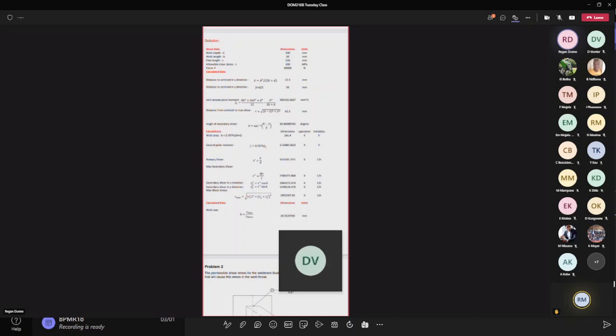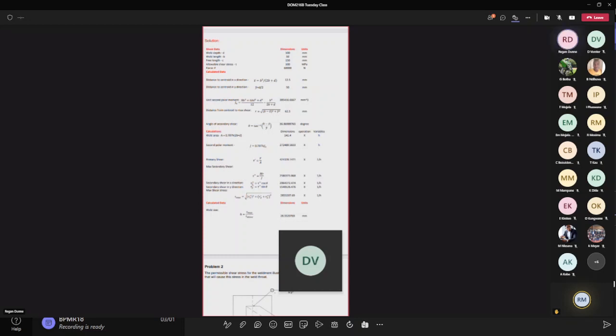It should be h equals tau max, which is tau allowable, divided by the coefficient, whatever you get when you solve that square root equation. It's going to have something with h, and then you'll divide by that numerical value. So if you look at the tau max equation, it's equal to 55207.69 multiplied by 1 over h.